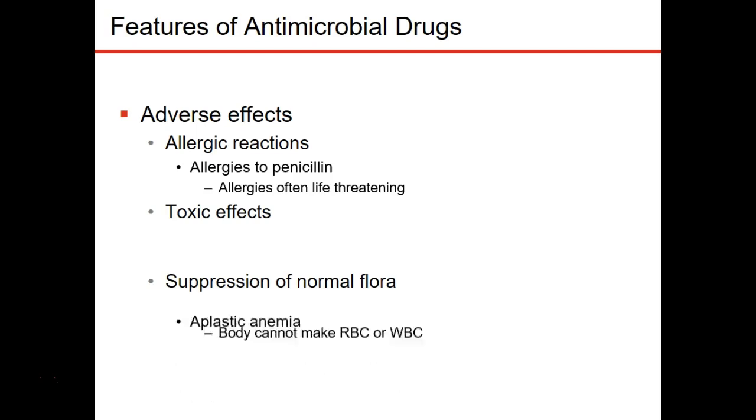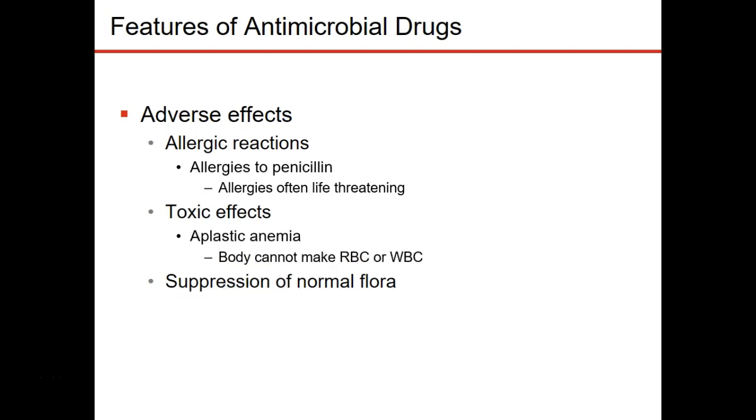Some chemicals can have toxic effects. They can cause our body to not be able to absorb the proper medicine or the proper vitamins, and then we won't be able to produce normal proteins. And the example I use here is aplastic anemia.